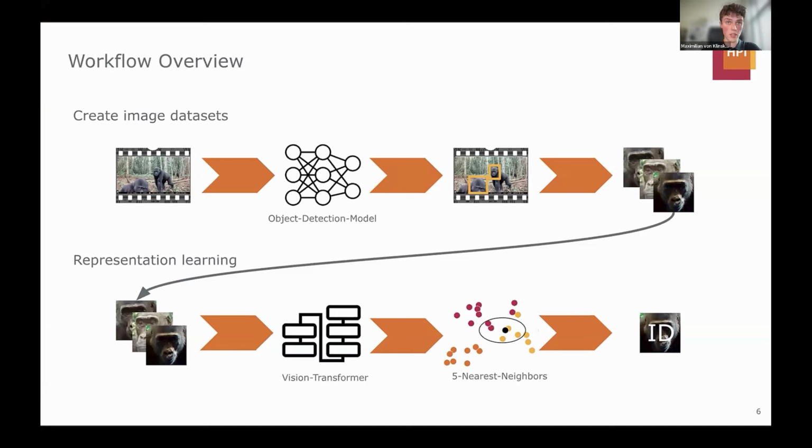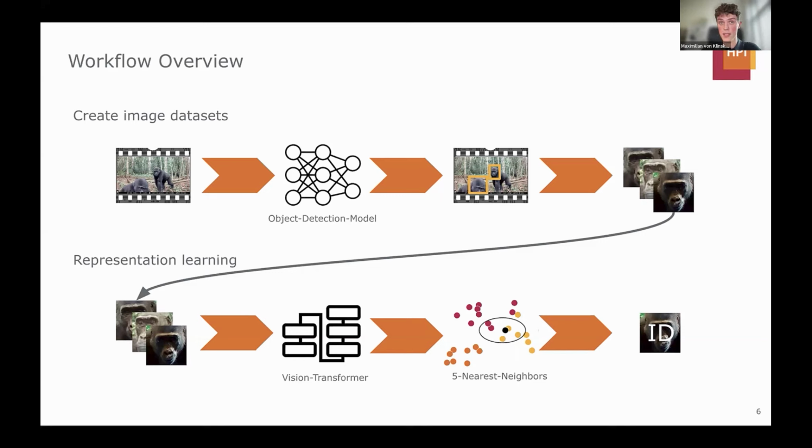And so for the first workflow, and we're going to go into both in more detail, we're using an object detection module, which locates these gorillas in the pictures and outputs the coordinates of the bounding boxes, which can then be used to extract those single areas of video frames, which can either be faces or bodies.